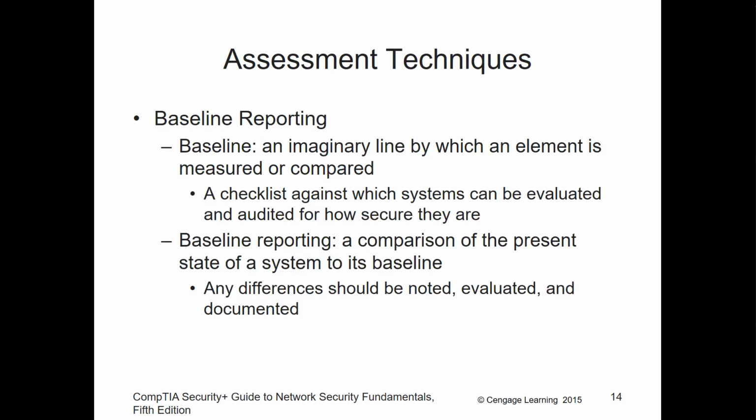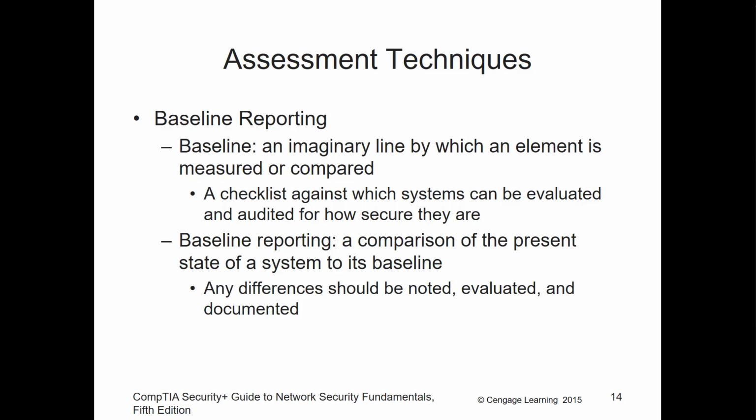Moving forward, baseline reporting. Baseline is, again, just a fake imaginary line that we can measure against. 0 degrees Fahrenheit. Well, it's the degree that is below freezing. Why is it 0? Just because when we did our measurements of temperature, it became 0. 0 is not freezing. 0 Fahrenheit is below freezing. 32 degrees Fahrenheit is freezing.